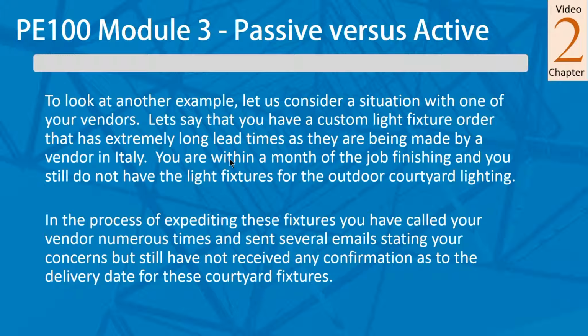Now, if the vendor had come back and said, yes, I have confirmation from the manufacturer and I'll send you a copy of that, then you've got something when you sit down with that owner. You can say, yes, sir, I'm going to have these at this specific time based on this from the manufacturer.